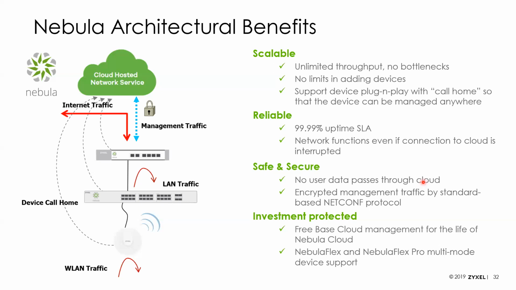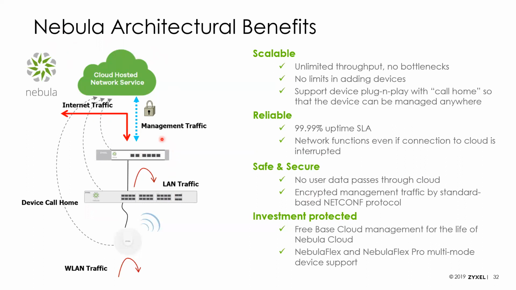One of the questions we get a lot is, hey, we're interested in the cloud, but my customer is really concerned that you're going to be looking at their network, or you're going to see what's going on. So to make this very clear, the cloud is only seeing management traffic. Basically the setting changes that you're making in the cloud getting pushed out to the devices, and then the log information being sent from those devices back to the cloud for storage. None of your users' data is going to our cloud.